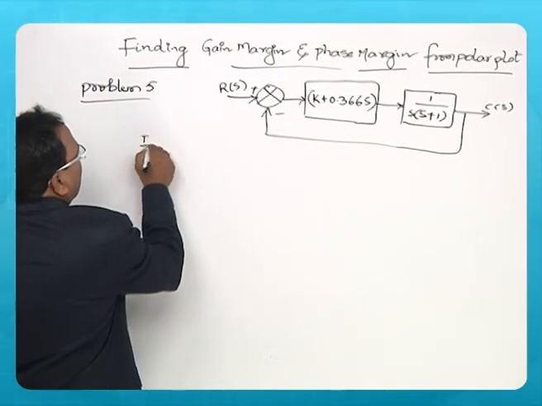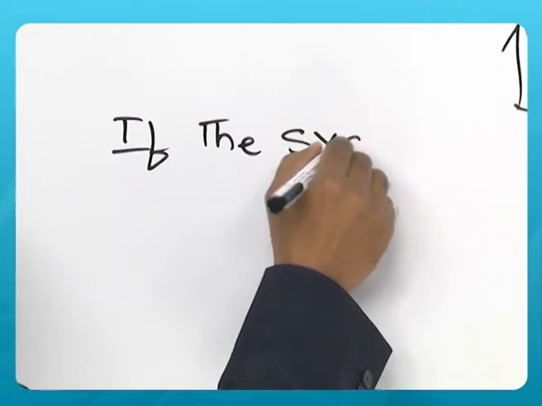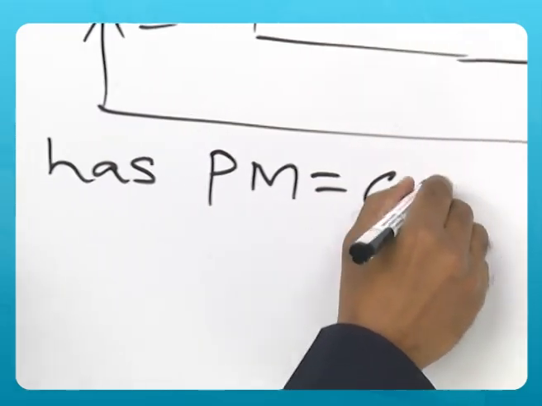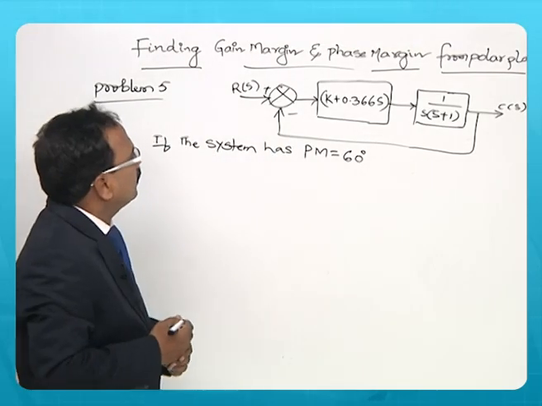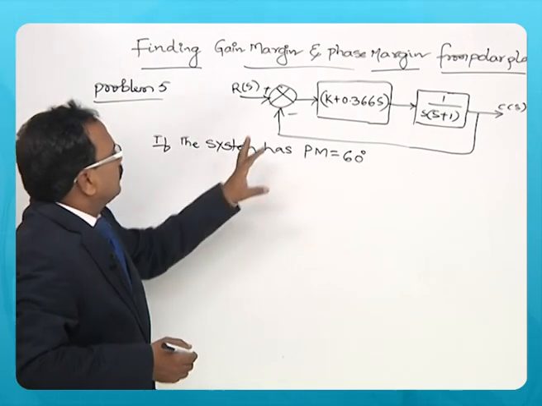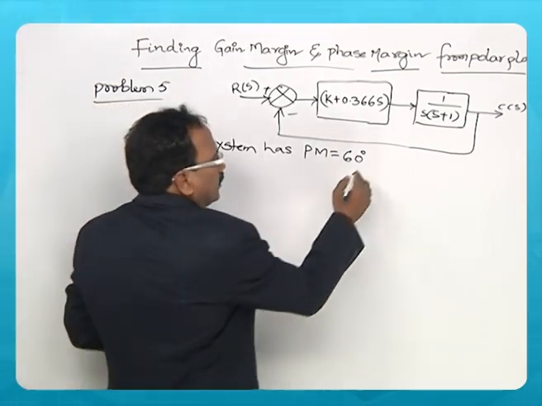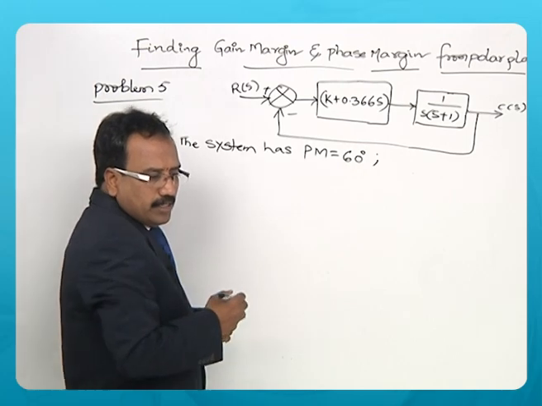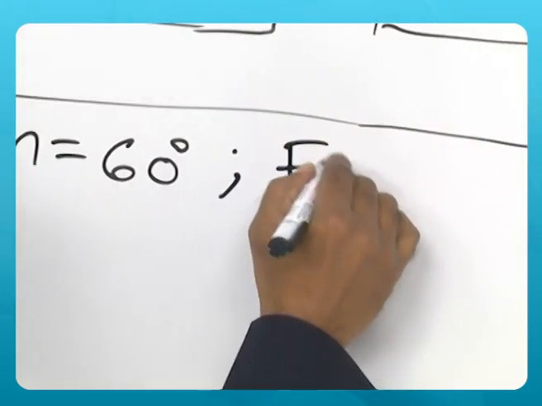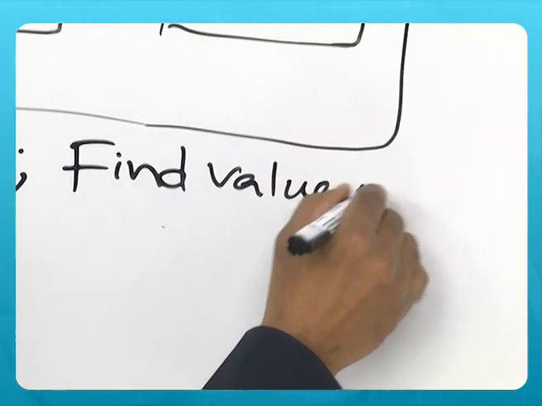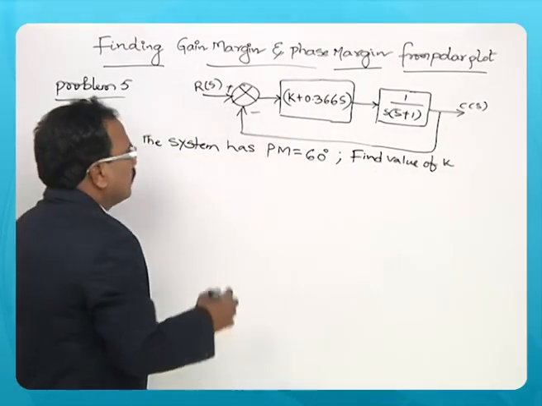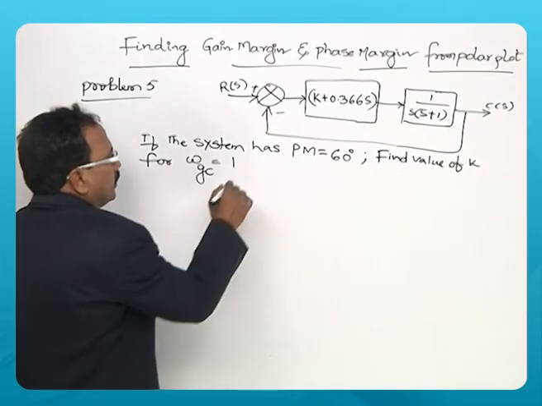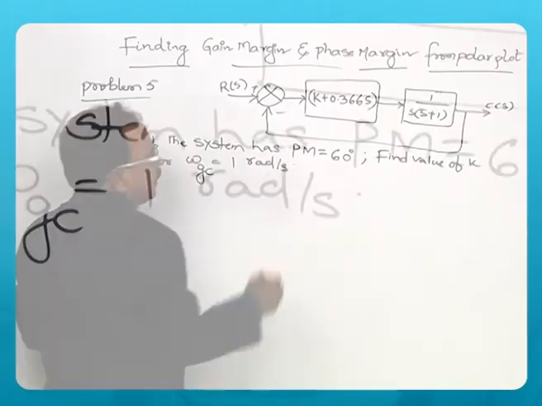If the system has a phase margin of 60 degrees, the particular system which is shown here has two blocks, and this system has a phase margin of 60 degrees. So for that specific phase margin, find the value of K. The gain crossover frequency, omega GC, is also mentioned here, 1 radian per second.